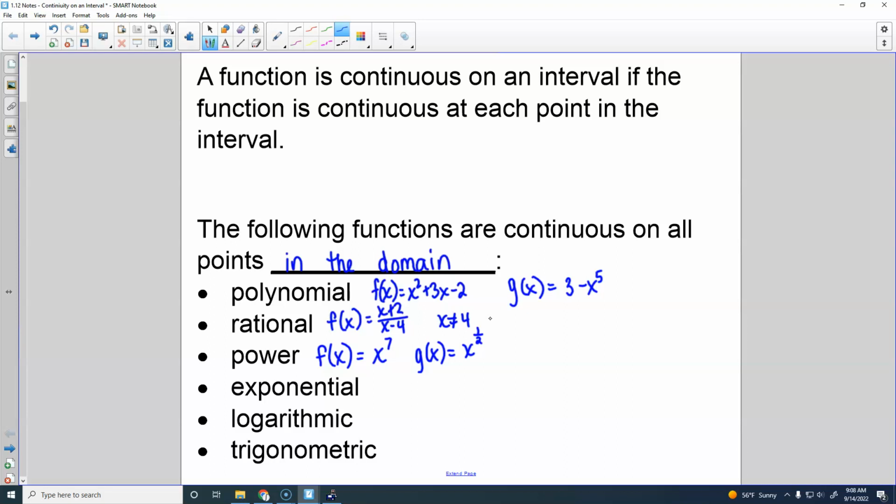Power functions are continuous anywhere in the domain. Exponentials might be something like f of x equals 10 times 2 to the x power. It might be something like 1000 e to the 0.7x, something like that.